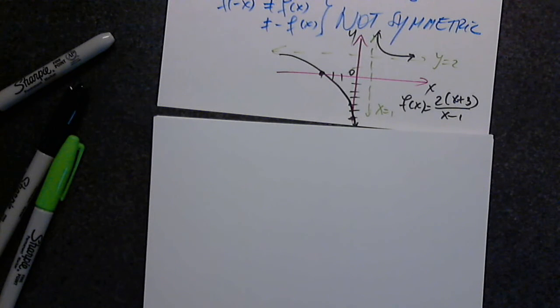Reading from a graph, like domain and range, max, min. Graphing a polynomial or a rational function, not both. Decomposing a function, the inner and outer.